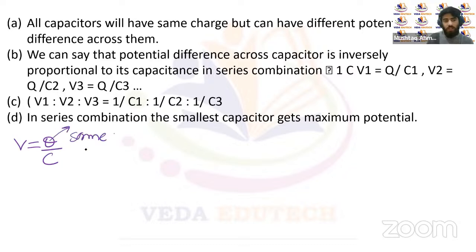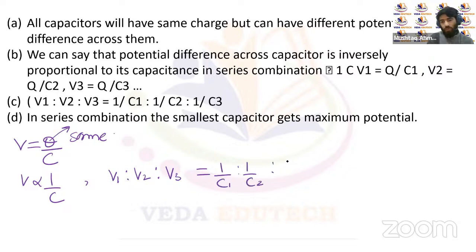So V is inversely proportional to C, and we can write V1 ratio V2 ratio V3 as equal to 1 upon C1 ratio 1 upon C2 ratio 1 upon C3. This is how the potential difference across each capacitor in series is distributed.